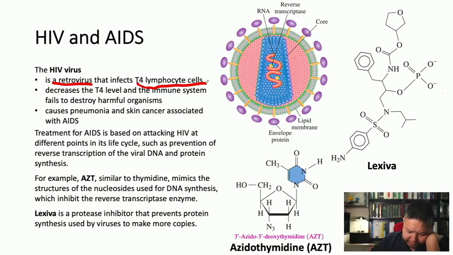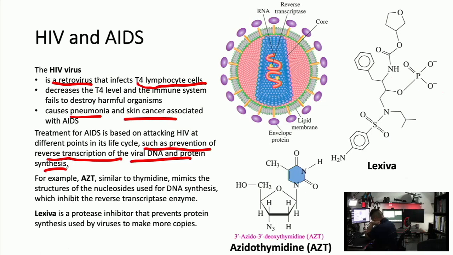The thing that people actually die from when they have AIDS is that they cannot fight off normal infections like pneumonia when their immune system has been compromised by the HIV virus. Treatment for AIDS is based on attacking HIV at different points in the life cycle, such as prevention of reverse transcription of the viral DNA and protein synthesis.